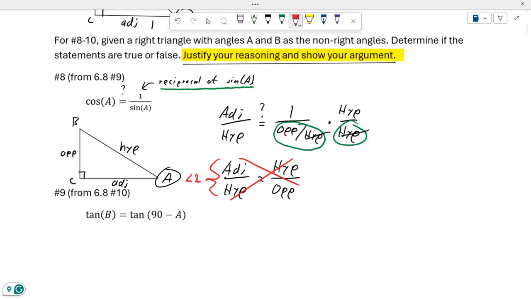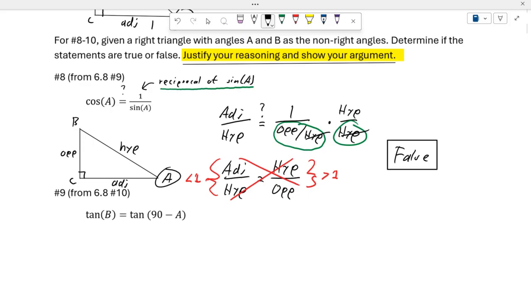Whereas on the right-hand side, I've got hypotenuse over opposite, and again the hypotenuse is the longest side, so this is greater than 1. There's no way a number that is less than 1 can be equal to a number that is greater than 1. So this has to be false. This is not a true statement.